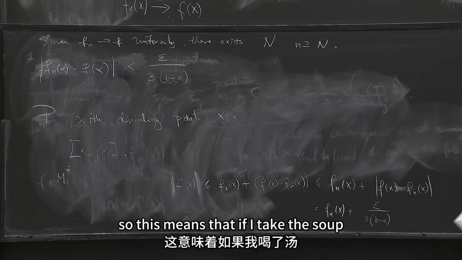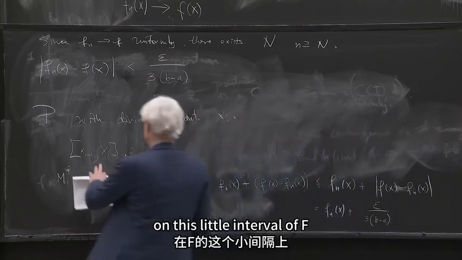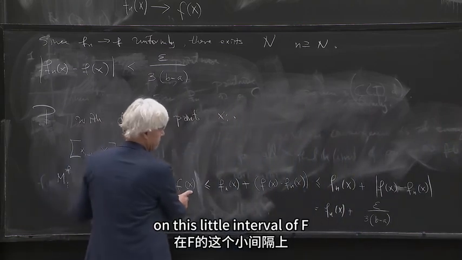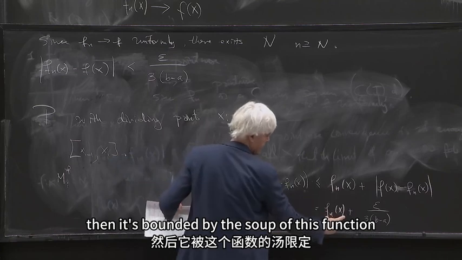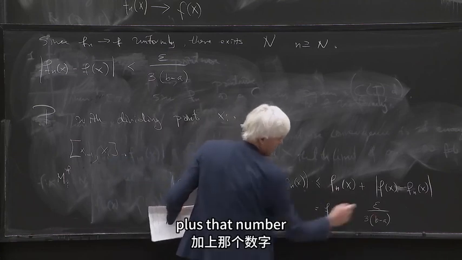So this means that if I take the sup of f on this little interval, then it's bounded by the sup of fn on the interval plus that number.